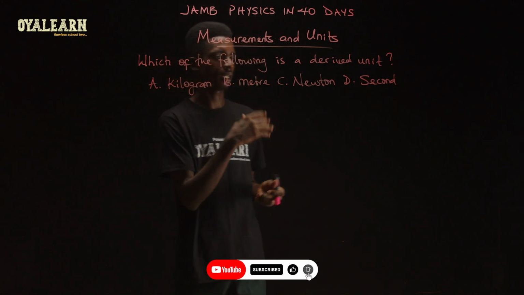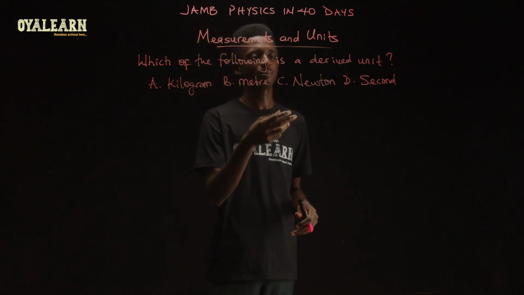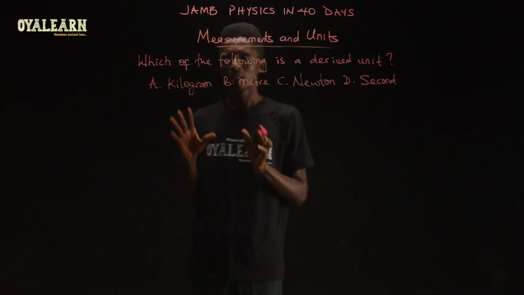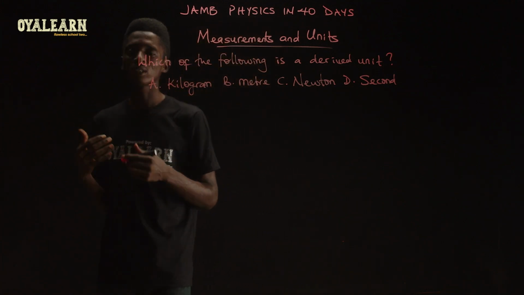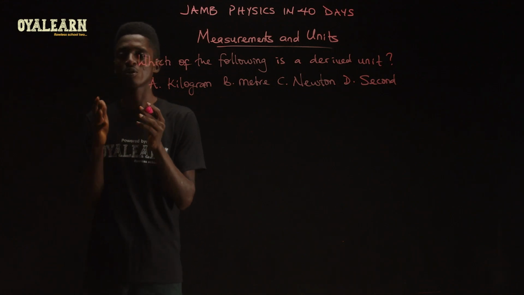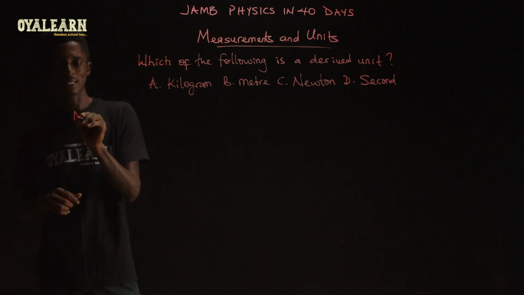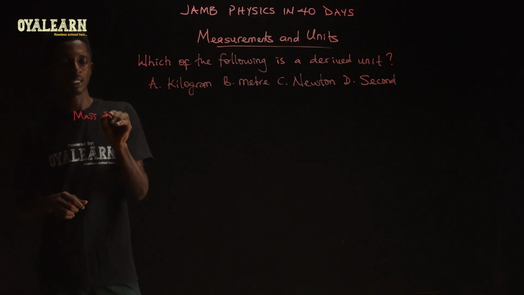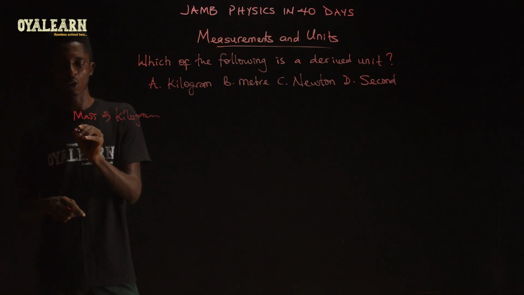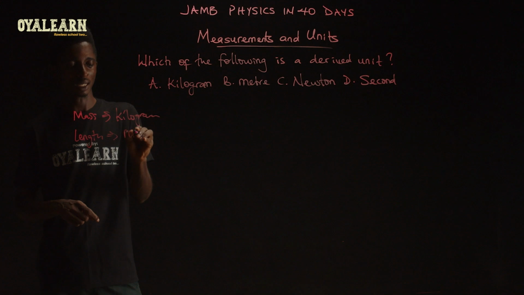And then we see a list of units here. We have option A being kilogram, B being meter, C being Newton, and D being second. Now, before I go on to answer this question, let's quickly list out the fundamental quantities or the fundamental units that we have. That is those that do not depend on others. So we have the unit of mass, which is in kilogram. We have the unit of length or distance, which is in meter.